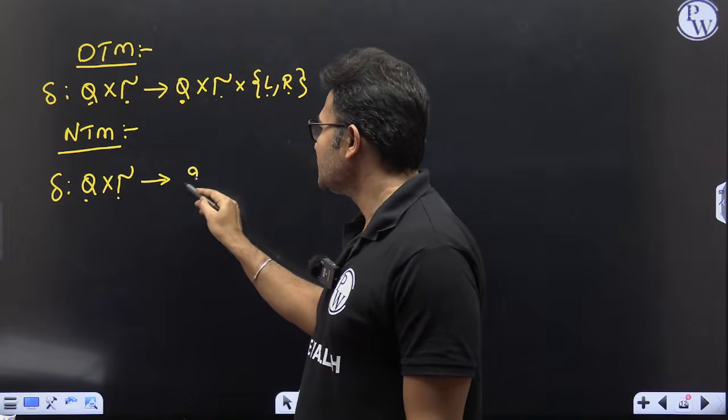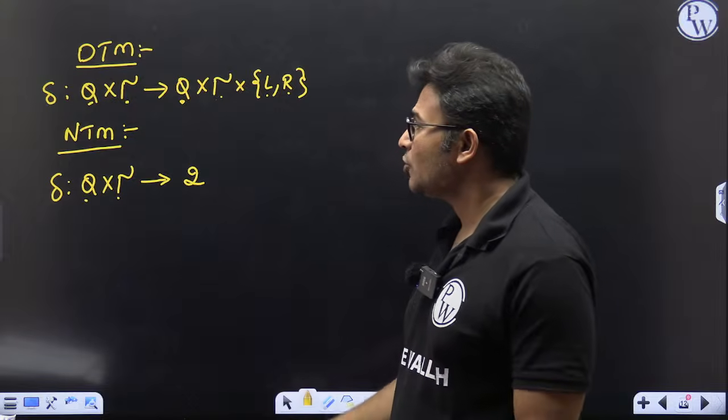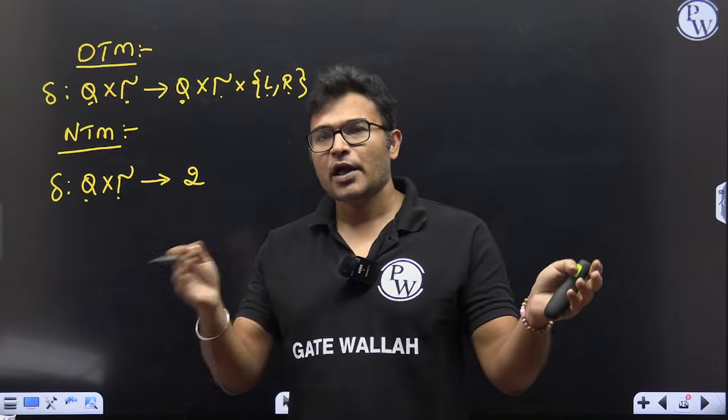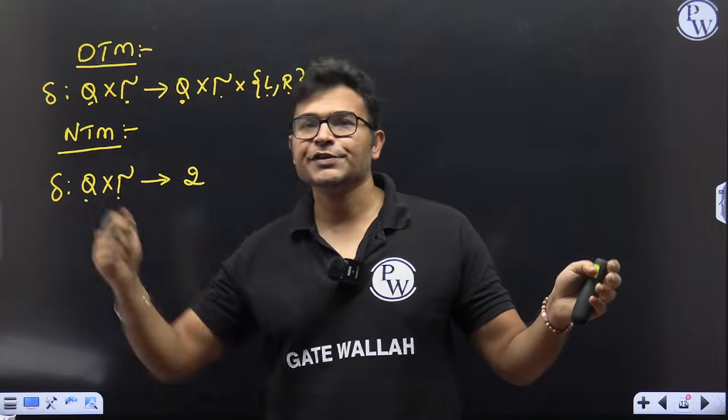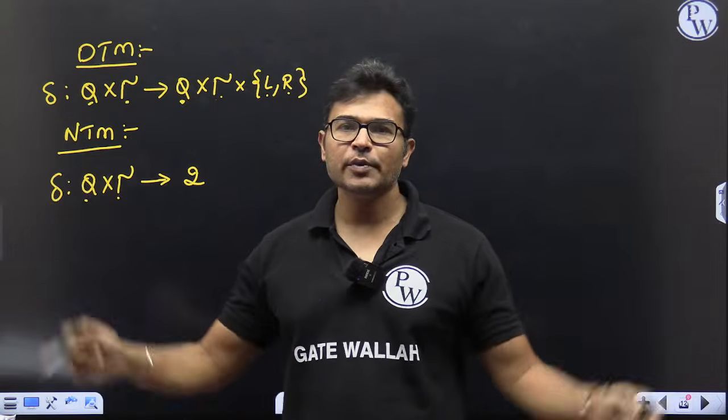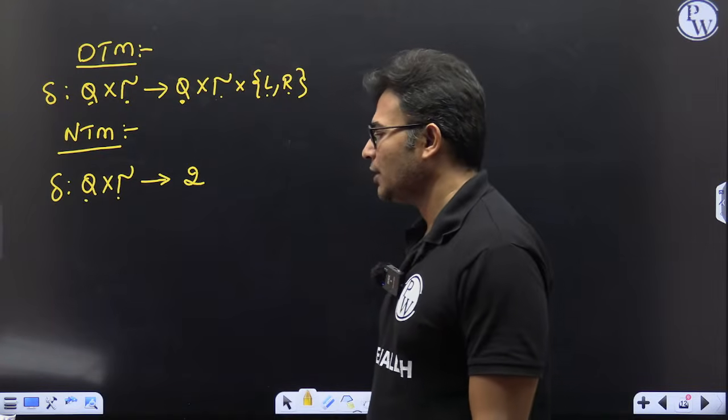I will go to any number of states. I will make many copies of myself, and one copy of myself will go to one state, another copy will go to another state, multiple copies will be created. That is why we are writing 2 power.